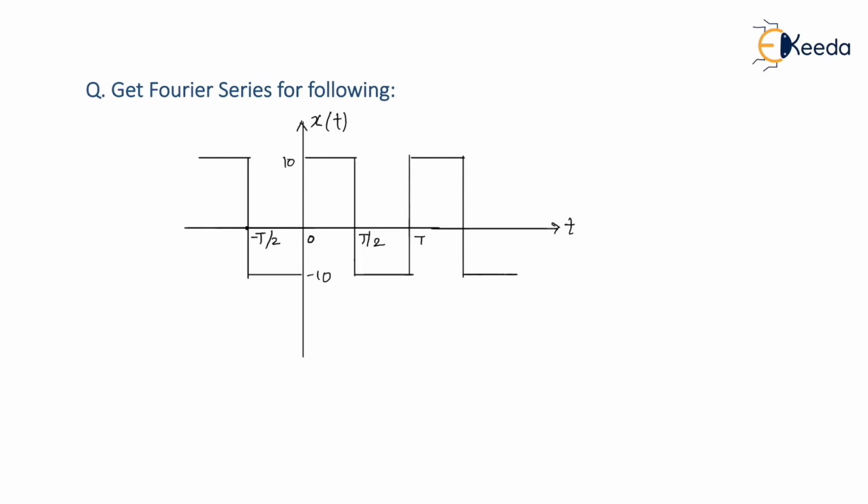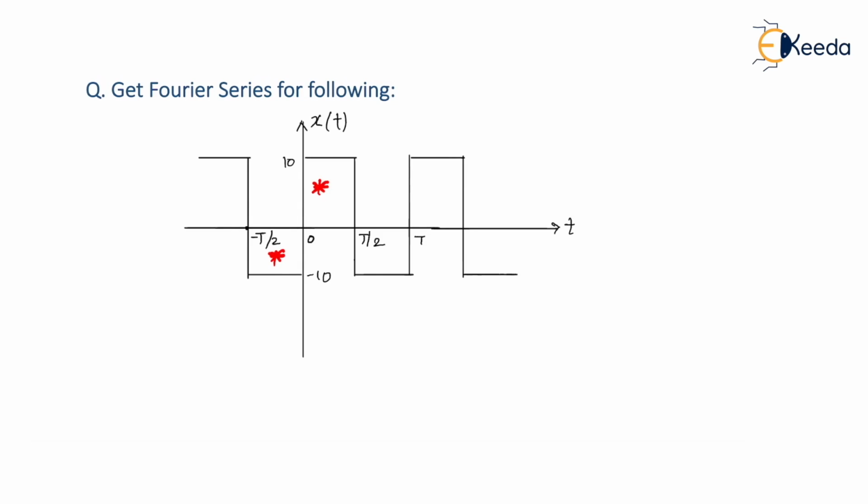So as I said in the previous lecture, whenever they ask you for the Fourier series of a particular signal x of t, that x of t has to be a periodic signal. So we believe that this is a periodic signal, and by observation you can understand that this is an odd signal, because whatever you see at the right hand side, a similar thing appears on the left hand side but in a negative way.